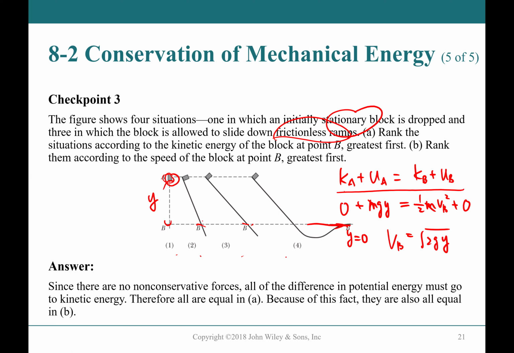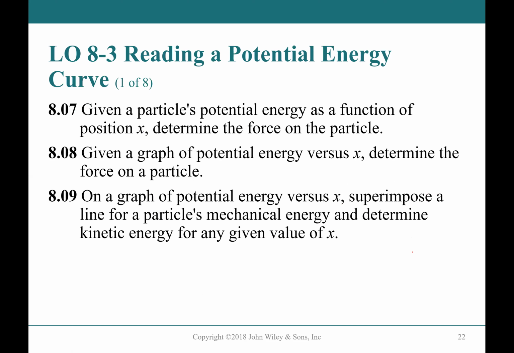So the speed here at point B will be the same. Since there are no non-conservative forces, all of the difference in potential energy must go to kinetic energy. So therefore, the vb is the same, and also the kinetic energy at point B will be the same. Okay. So this is conservation of energy.